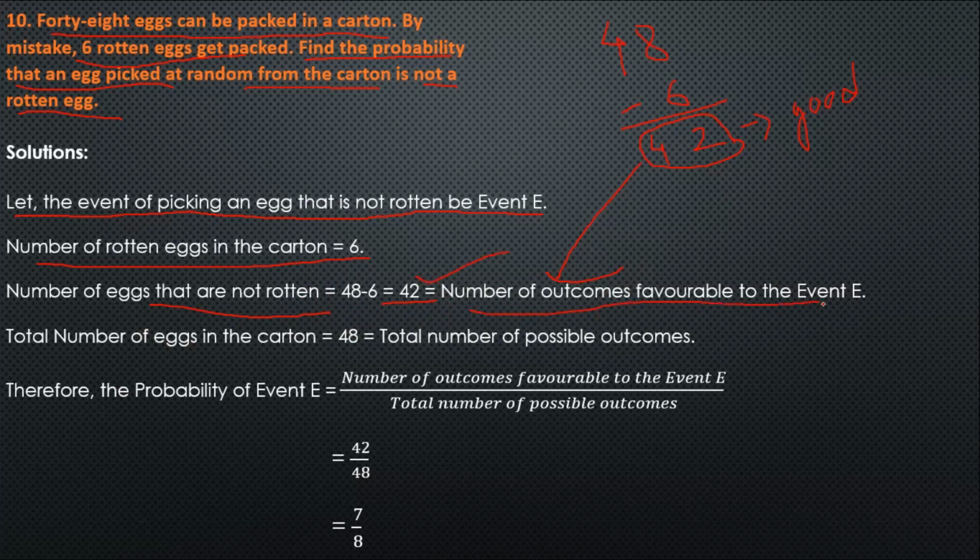So this is the number of outcomes favorable to the event E, because if any one of these 42 eggs is picked up, our condition of the question is getting fulfilled of picking an egg that is not rotten. How many eggs are there in the carton? 48, and this is our total number of possible outcomes. Therefore the probability of event E is going to be 42 divided by 48. This will give you 7 by 8 as your answer.